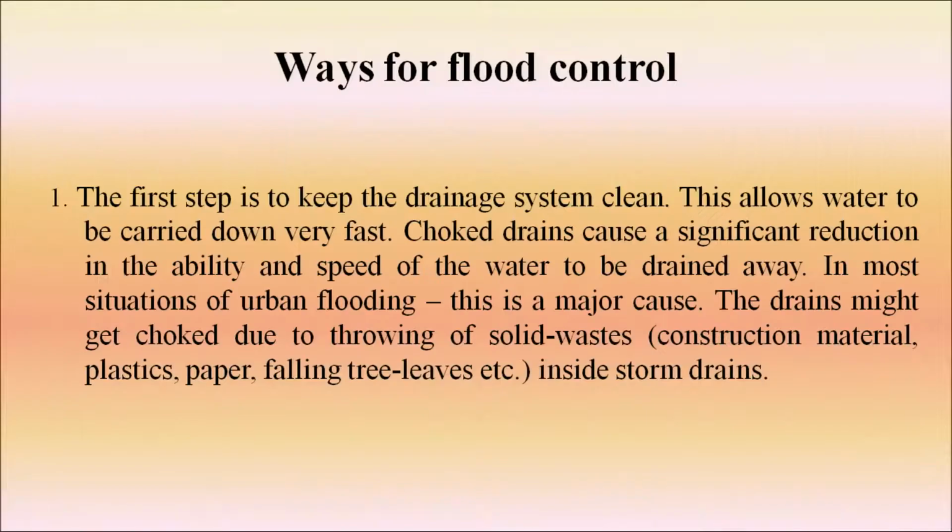The first step is to keep the drainage system clean. This allows water to be carried down very fast. Choked drains cause a significant reduction in the ability and speed of the water to be drained away. In most situations of urban flooding, this is the major cause. The drains might get choked due to throwing of solid waste inside storm drains.